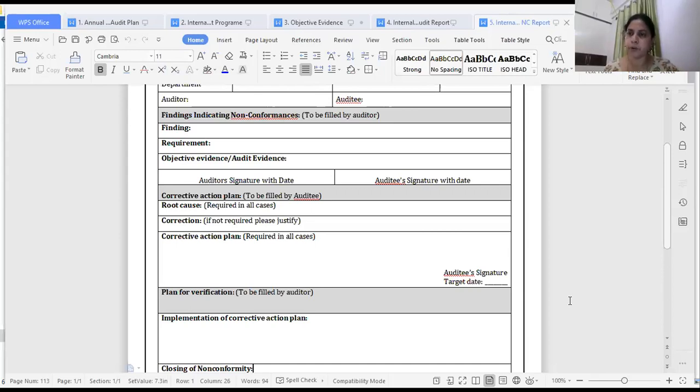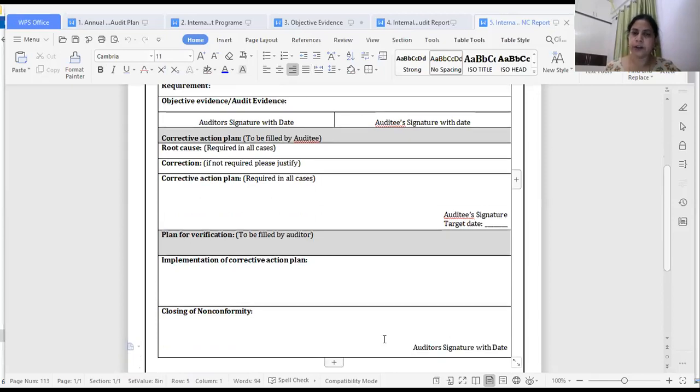The implementation that has happened has to be written by the auditor, and if the auditor is satisfied on that point, then the auditee will be asked to continue the correction or corrective action plan in the same manner for the next audit.